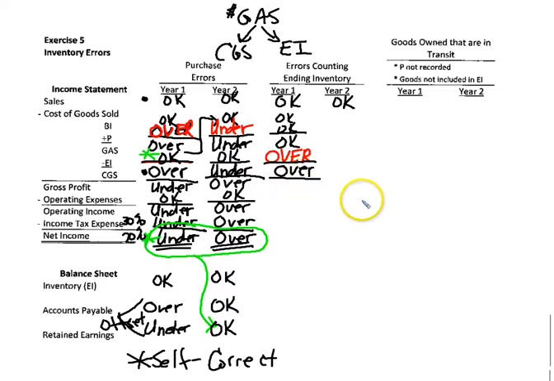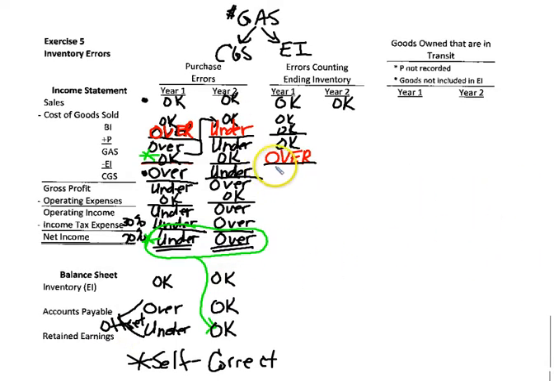Yep, I said that wrong, didn't I? Let me change that real quick. The cost of goods sold will be understated. Let's look at that again. Goods available for sale is okay. We put too much in ending inventory, so to balance that out, cost of goods sold will be too low or too small, so understated.